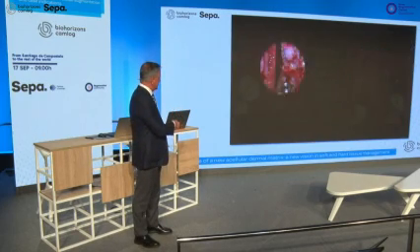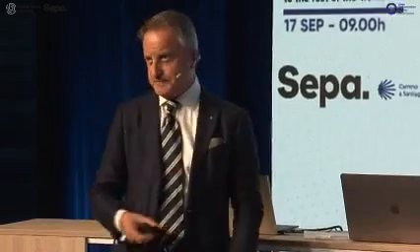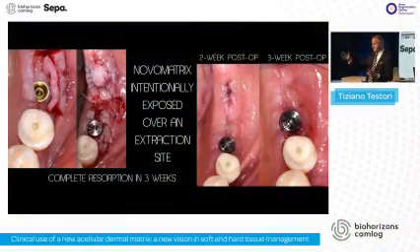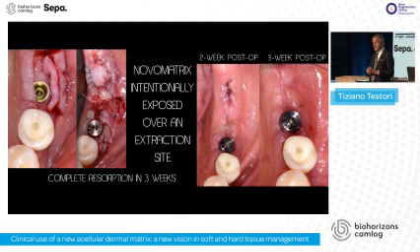We extracted the wisdom tooth, and we sutured Novomatrix with a punch technique, and we left Novomatrix exposed. In 3 weeks you have resorption of the Novomatrix, and if the patient uses chlorhexidine and keeps it very clean, you have no inflammation.